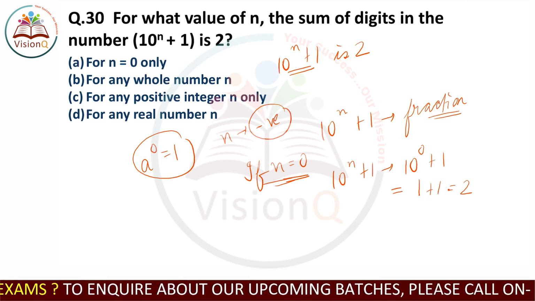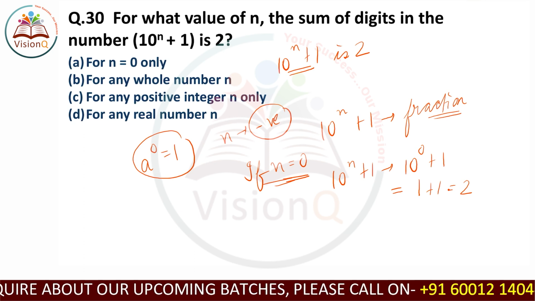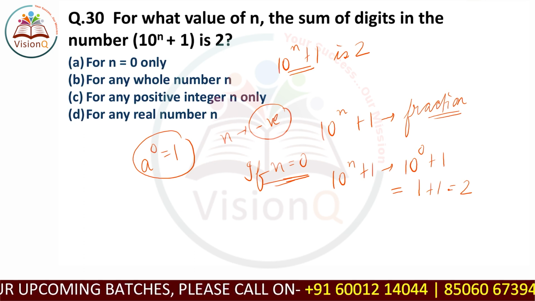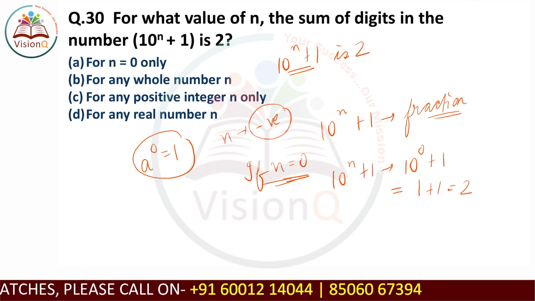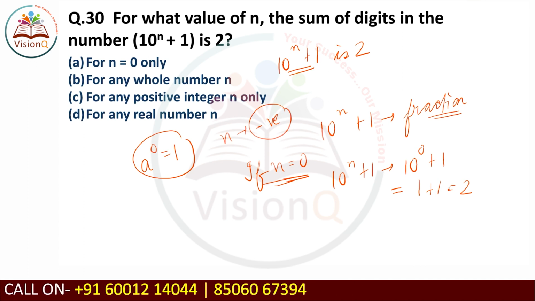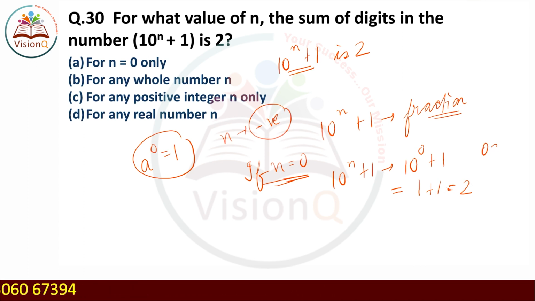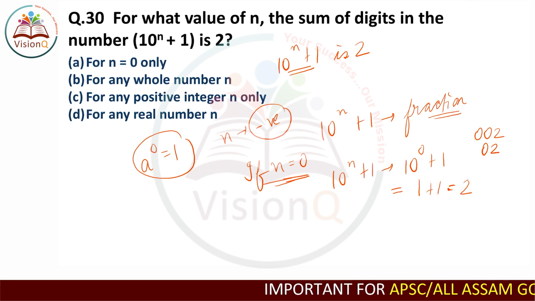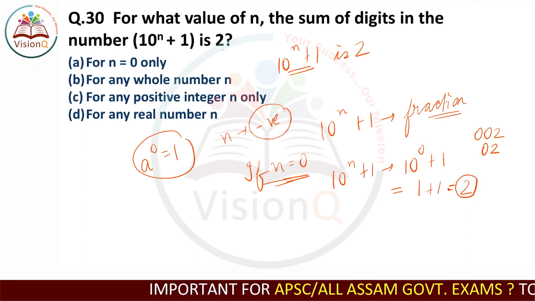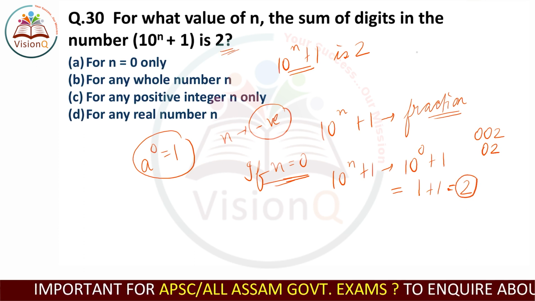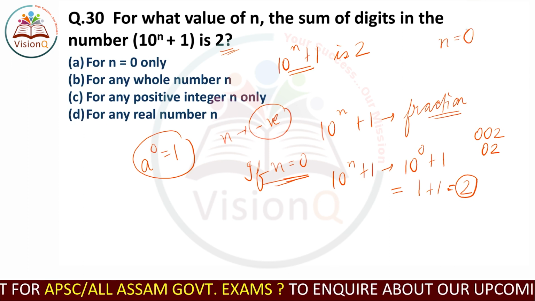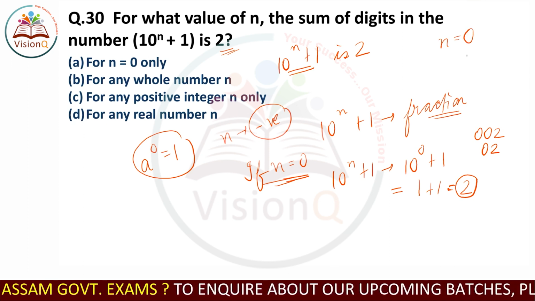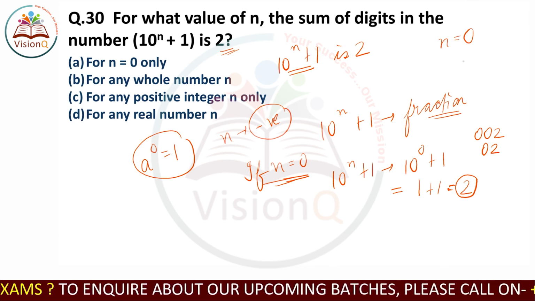And the sum of digits in the number is 2 here, isn't it? I can write this 2 as 02 or 002 also, and the sum of digits is 2 only. So if n equals 0, the sum of digits in the given number is 2. So n equal to 0 is the answer.